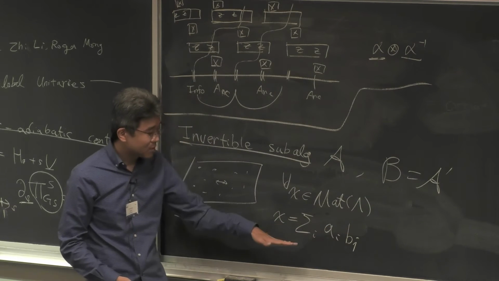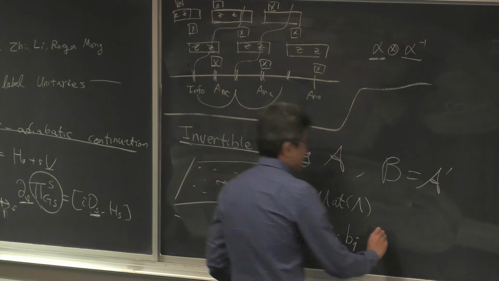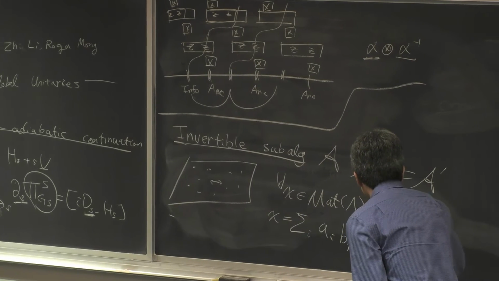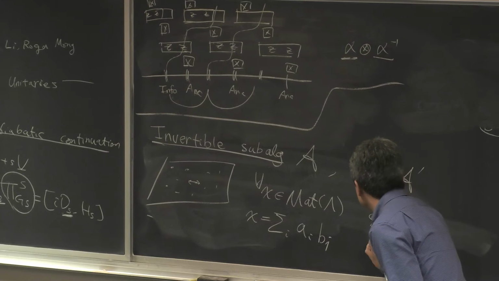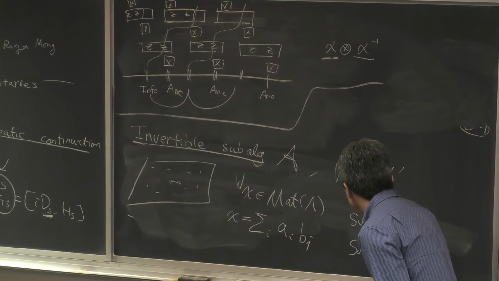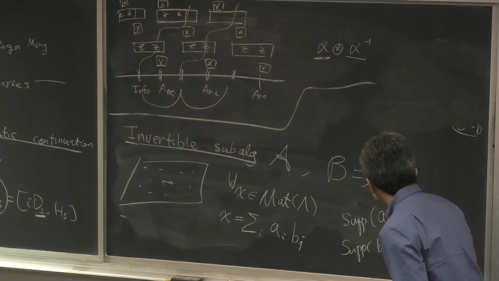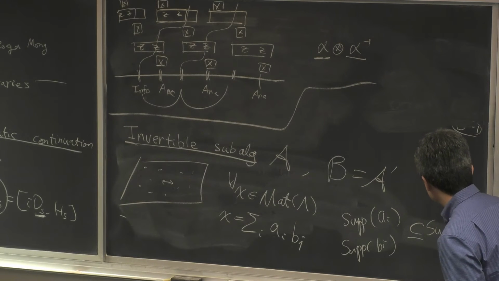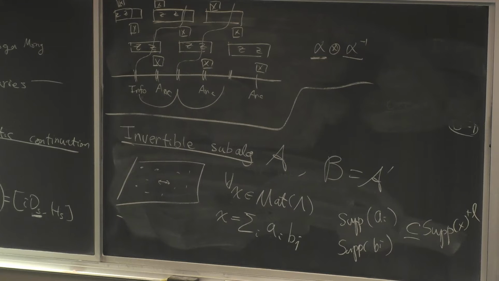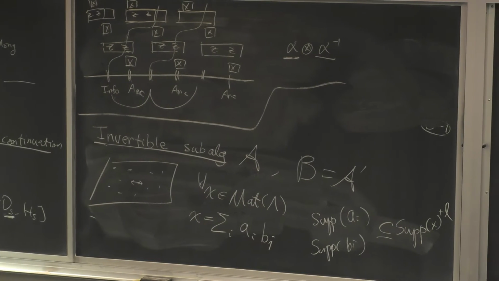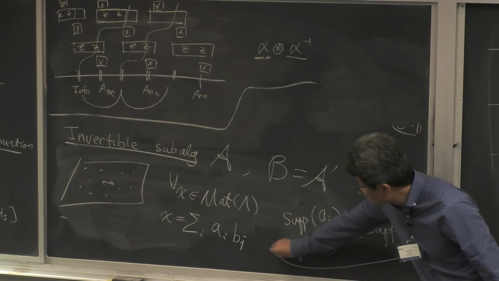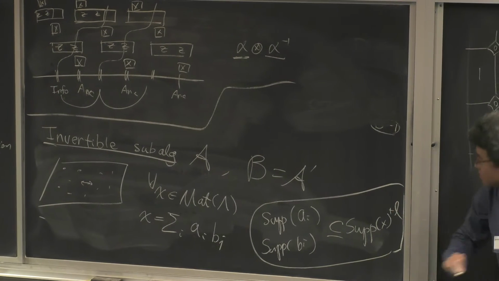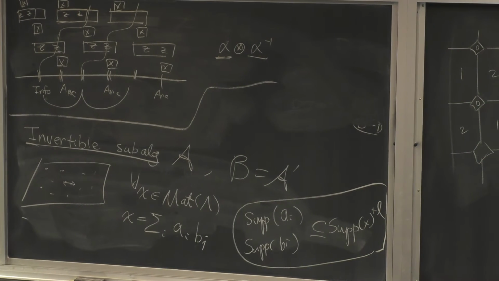But the important requirement is that the support of A_i and the support of B_i must all be in a small neighborhood of the support of X. This is the most important condition.